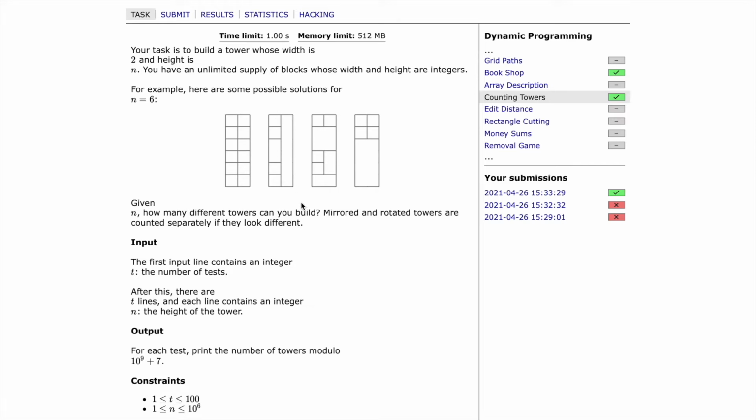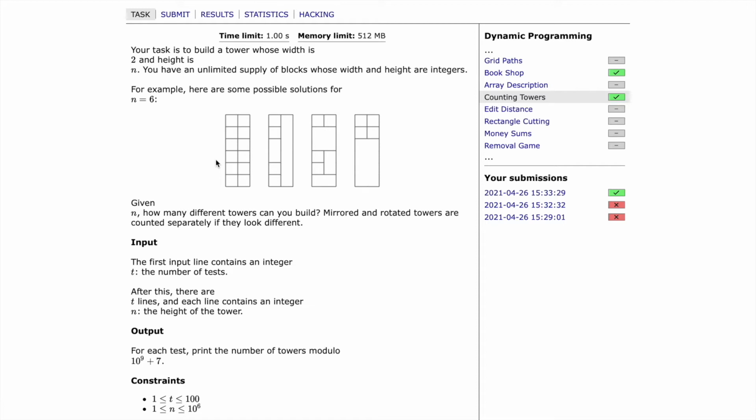Suppose the solutions are stored in a vector called dp, and dp of 1 represents the number of possible solutions for n equals 1, and dp of 2 represents the number of possible solutions for n equals 2. Sum of 1 represents all the possible solutions for n equals 1 and below, and sum of 2 represents the sum of all the values of dp0, dp1, and dp2.